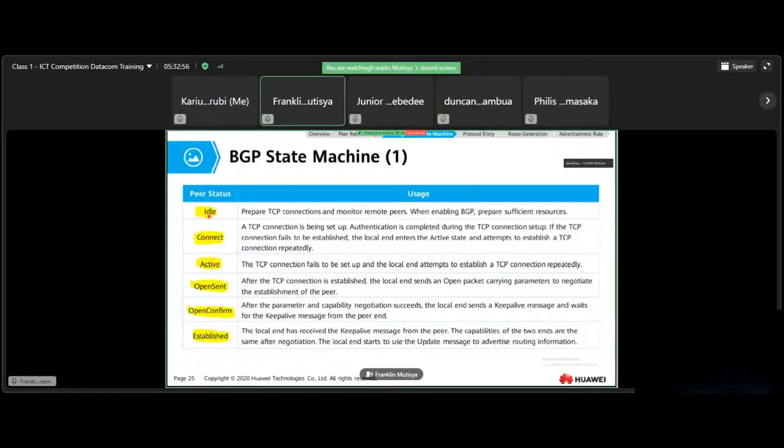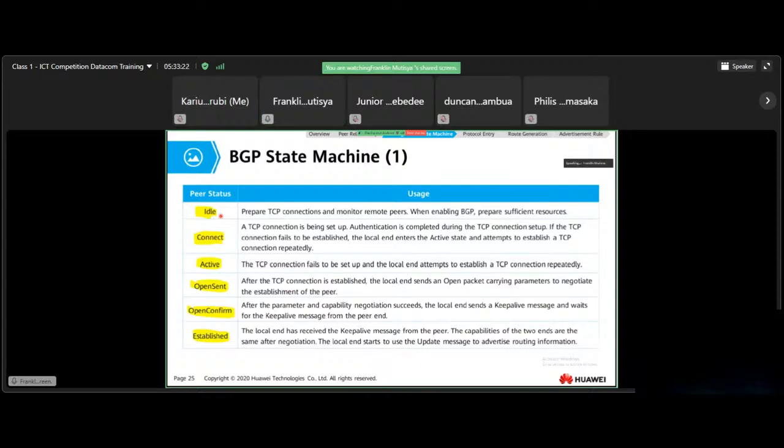We have the idle state. The idle state is when two routers are preparing to negotiate TCP connections. Remember, BGP uses TCP port number 179. During a TCP communication, two devices have to negotiate the link first, then forward traffic later.